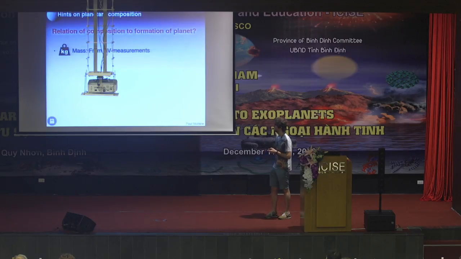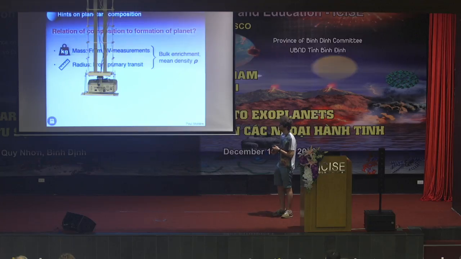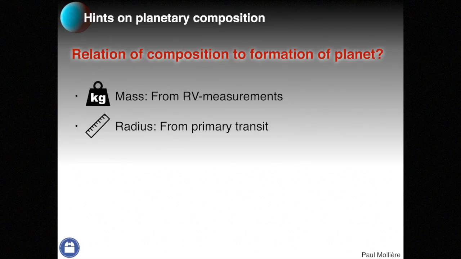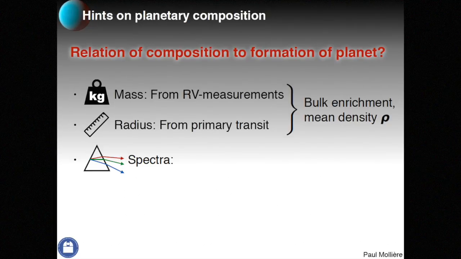One is to measure the mass and the radius of a planet. And combining these, we can get an estimate for the mean density of the planet. And this can give us an idea about the bulk enrichment of the planet, although there are some degeneracies in that as well.